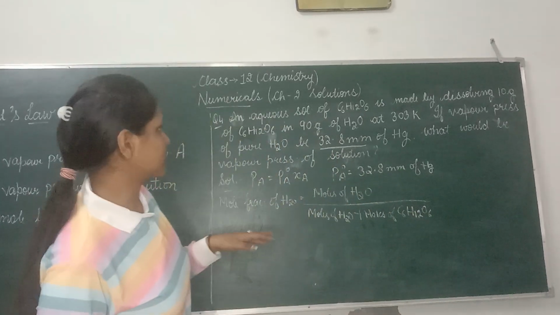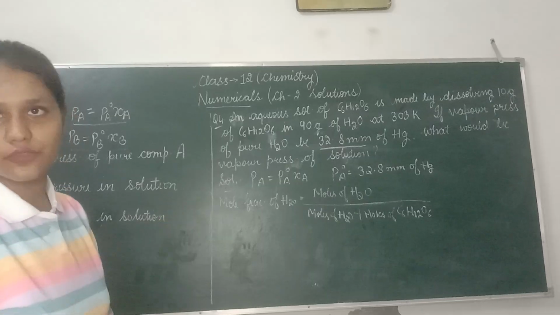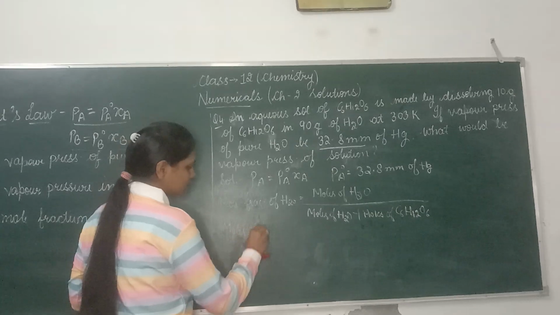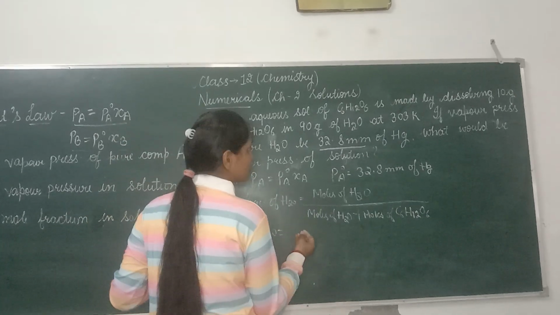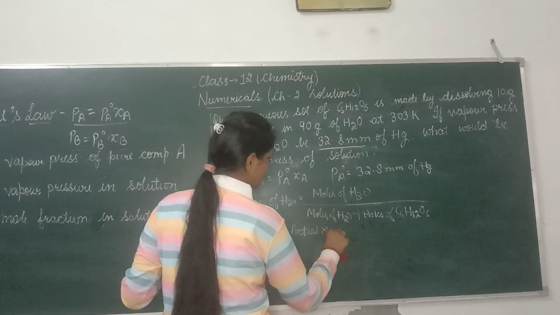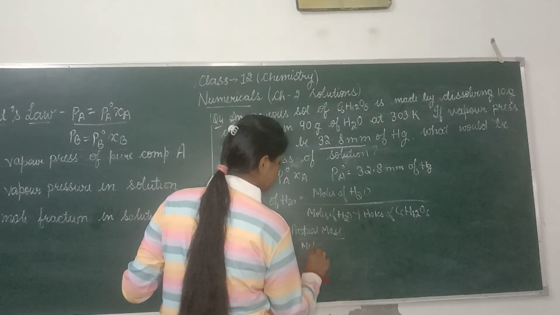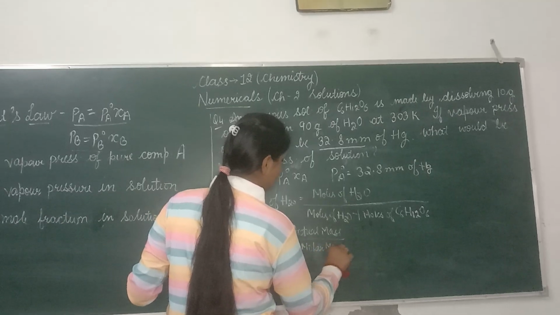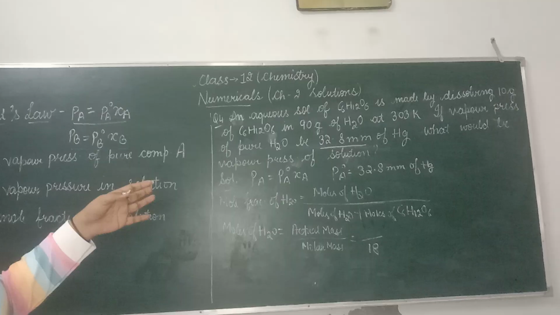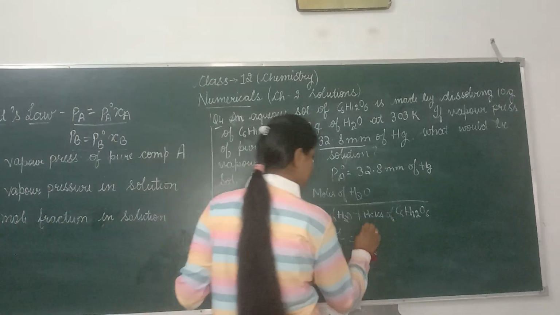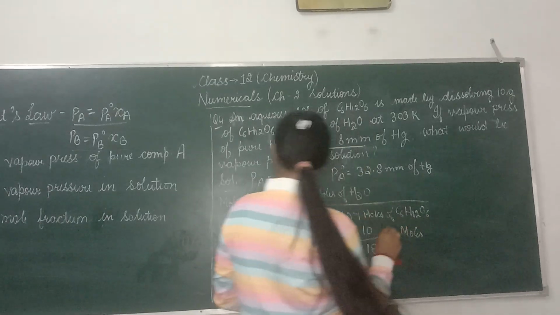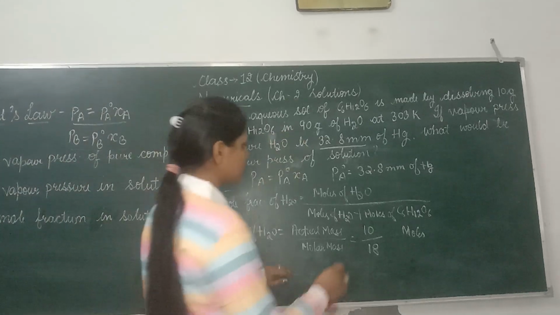So calculate the moles of water. It is actual mass upon molar mass. The molar mass is 18, and the actual mass given in the question is 90 grams.